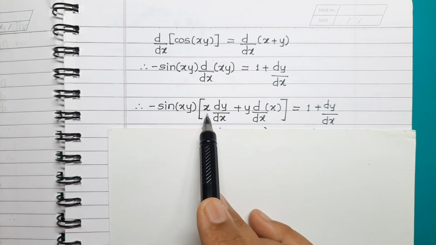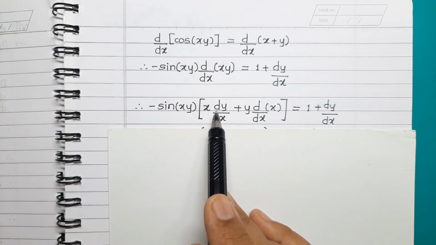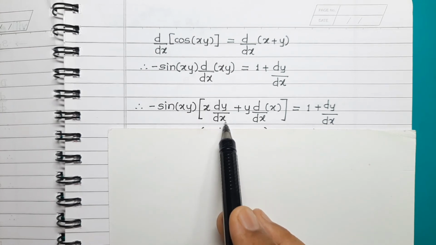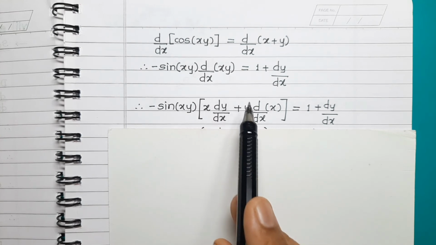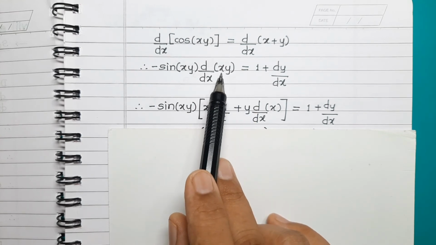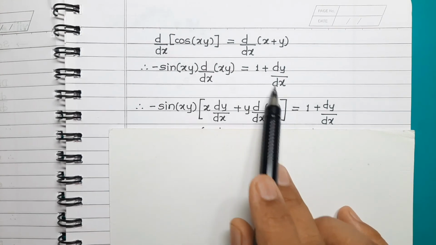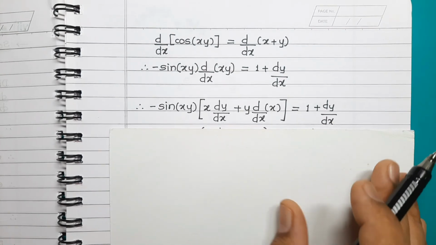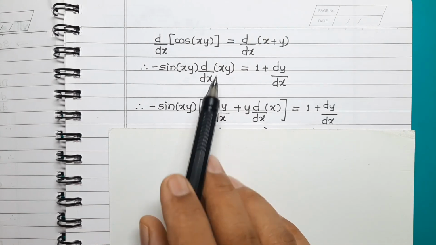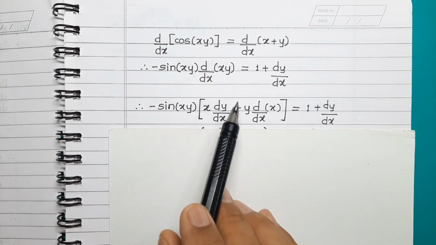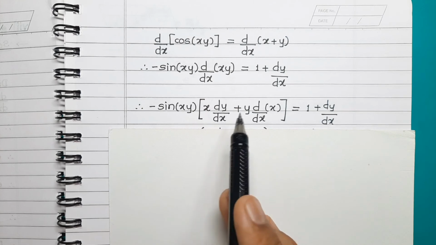So keeping first function x as it is, multiply it by derivative of second function, plus keeping second function as it is, multiply it by derivative of first function, which is x, is equal to 1 plus dy by dx. Okay, so here we have used rule for product in differentiation.